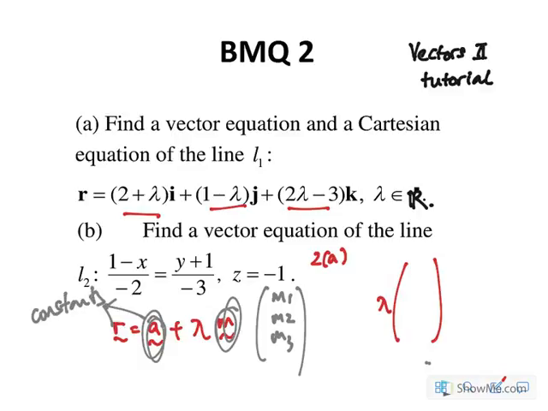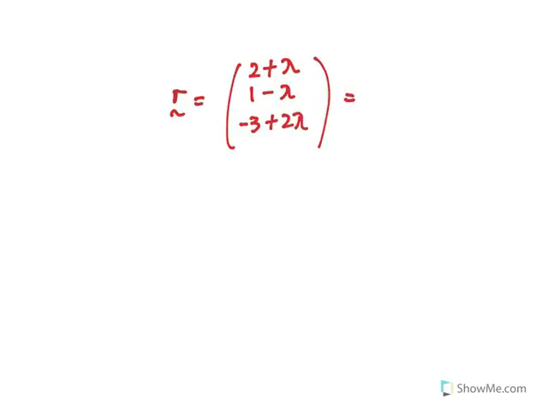Okay, so we were to use our 2a. Our 2a looks so far like 2 plus lambda, 1 minus lambda, and 2 lambda minus 3. I'm just going to write it as negative 3 plus 2 lambda. You can see that if I split it into the constants and those who are scalars of lambda, I can write it in the following manner: plus lambda (1, negative 1, 2).